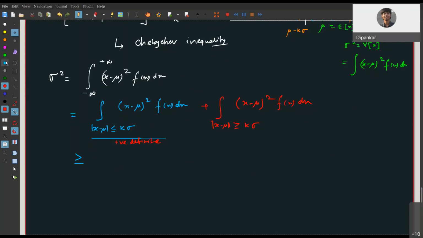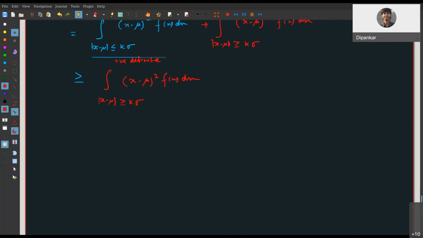So this must be greater than or equal to the red integral, which is over mod of x minus mu greater than k sigma, (x minus mu) whole square f(x) dx. Remember, on the left hand side there is a greater than or equal to sign, so sigma square is greater than or equal to this.